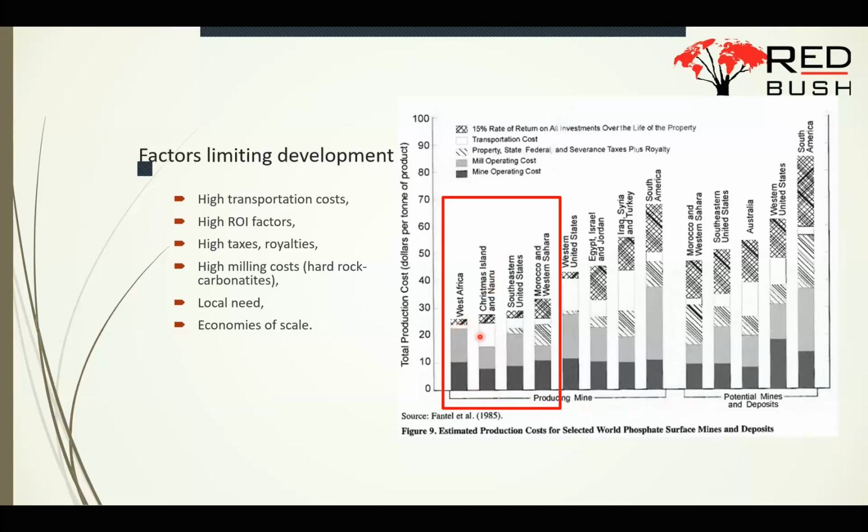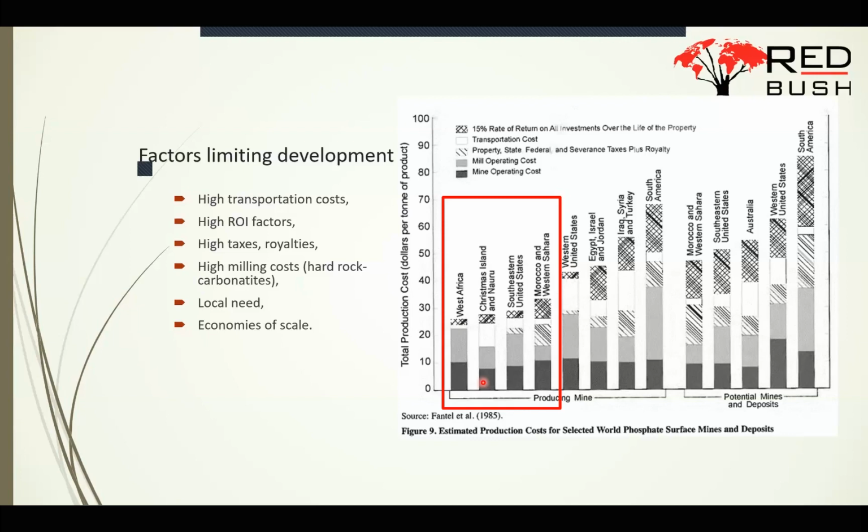Christmas Island and Nauru, these are your guano deposits. So Christmas Island is sort of northwest of Australia. Nauru is in the Pacific, and Nauru is also an example of how not to manage your mineral resources. So Christmas Island is still producing. Nauru may have some small production, but it's largely mined out.